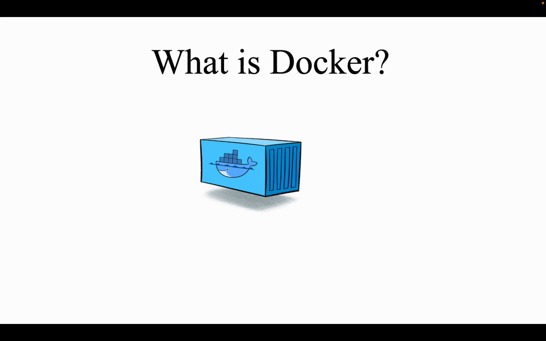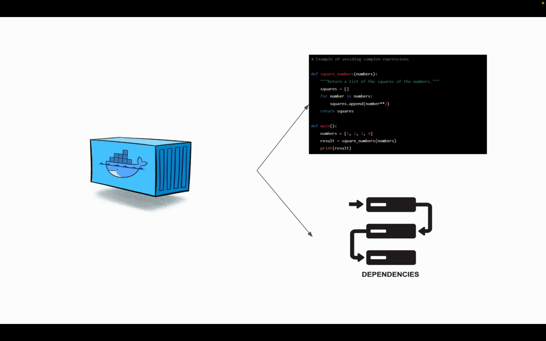A container is essentially a standardized unit of software. In simple terms, it's a package that includes your code along with everything it needs to run, like dependencies, tools, and configurations. For example, imagine you're building a Python application.